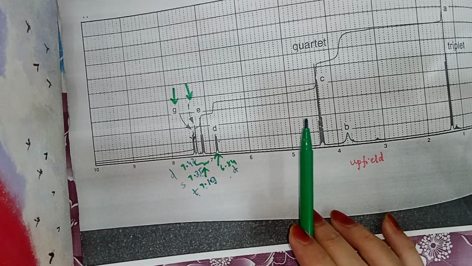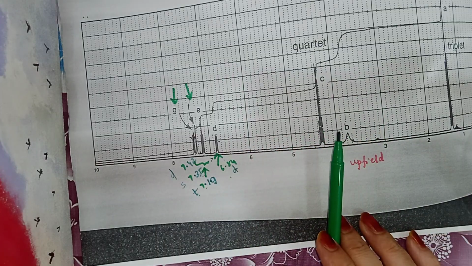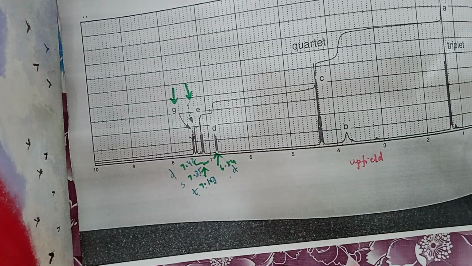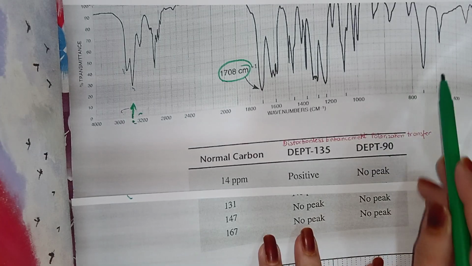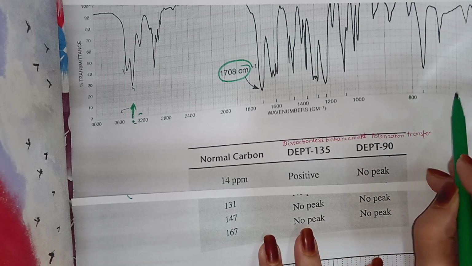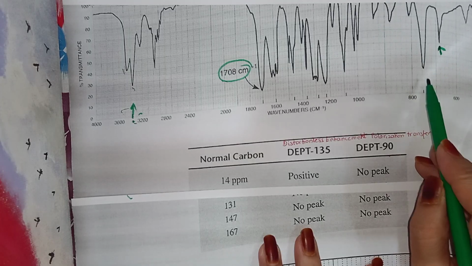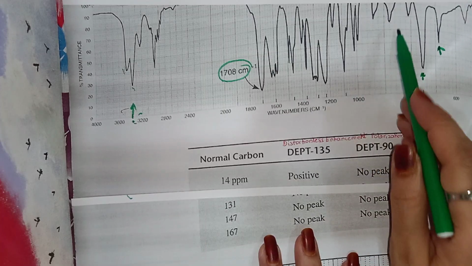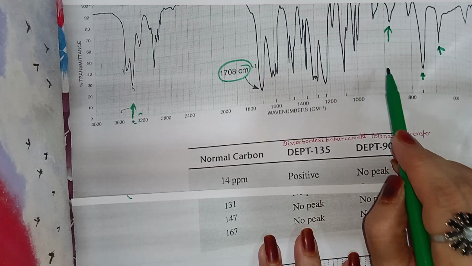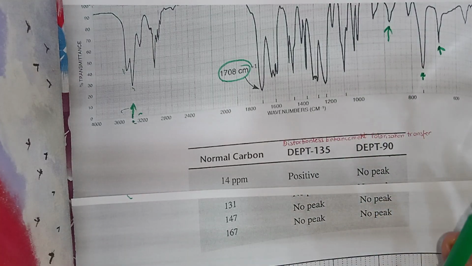Although not as reliable as proton NMR evidence, the aromatic out of plane bending in the infrared spectrum suggests a meta-di substitution. Approximately 680, 760 and 880 centimeter inverse, so meta-di substitution can be confirmed.